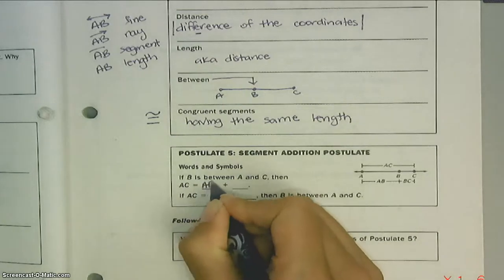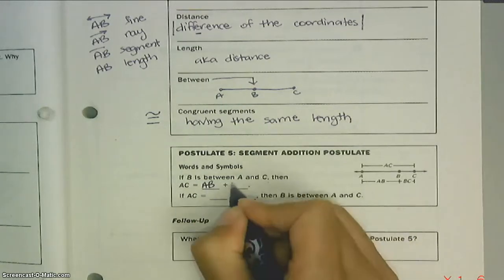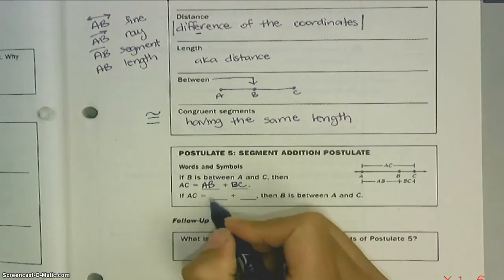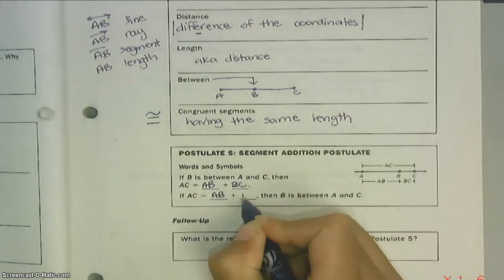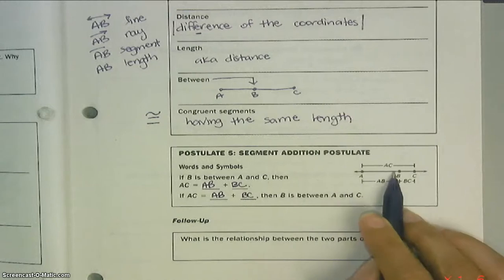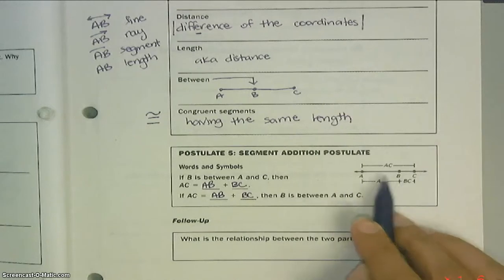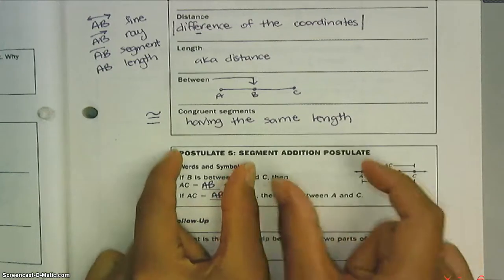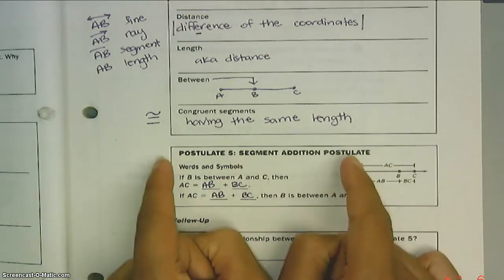So if we go from A to B and B to C, it's the same as going from A to C. The little piece plus the little piece equals the whole thing. Sometimes I use my fingers to represent this. A little piece plus a little piece equals the whole thing.